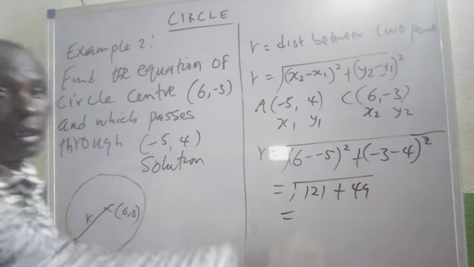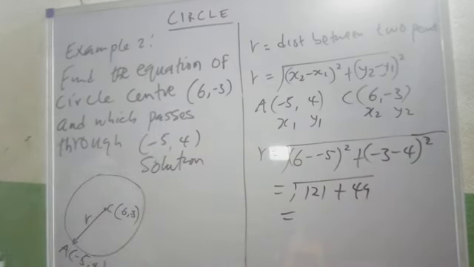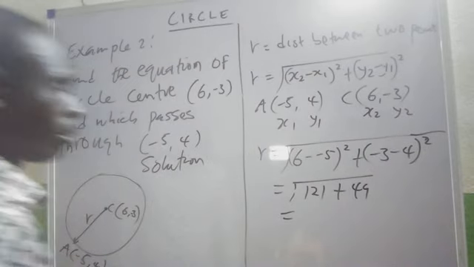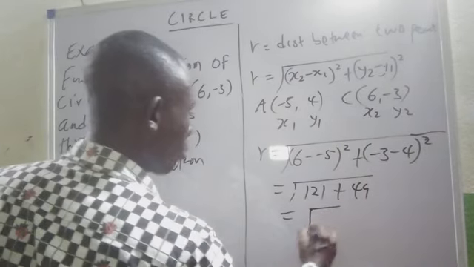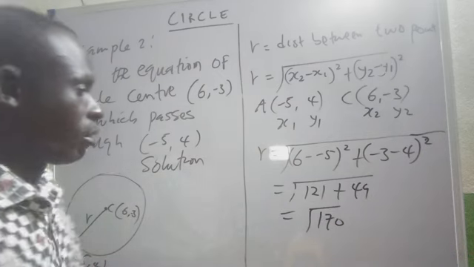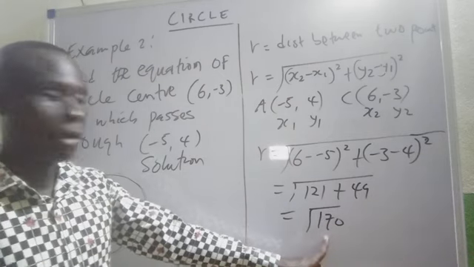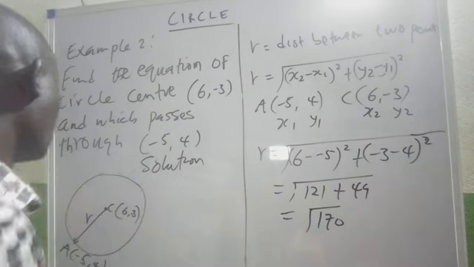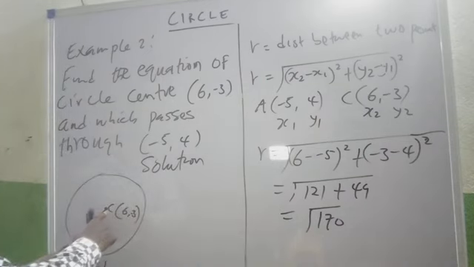If you add these two together, that will give you the square root of 170. So our radius is the square root of 170. We get the radius by using the distance between 2 points.